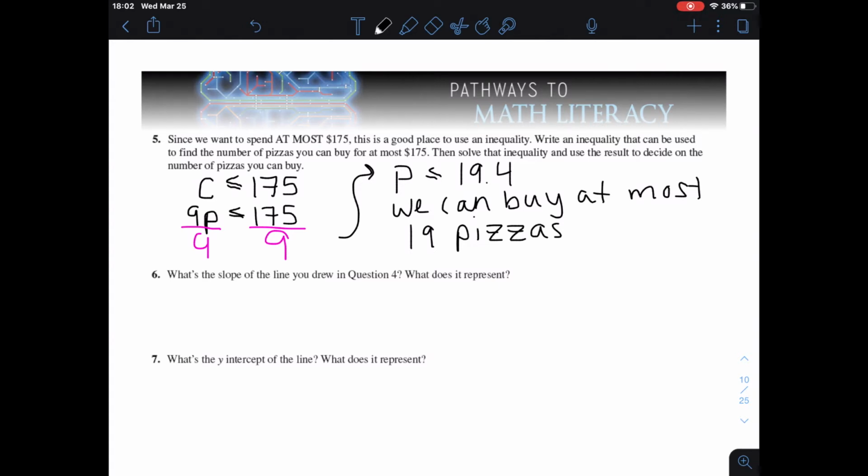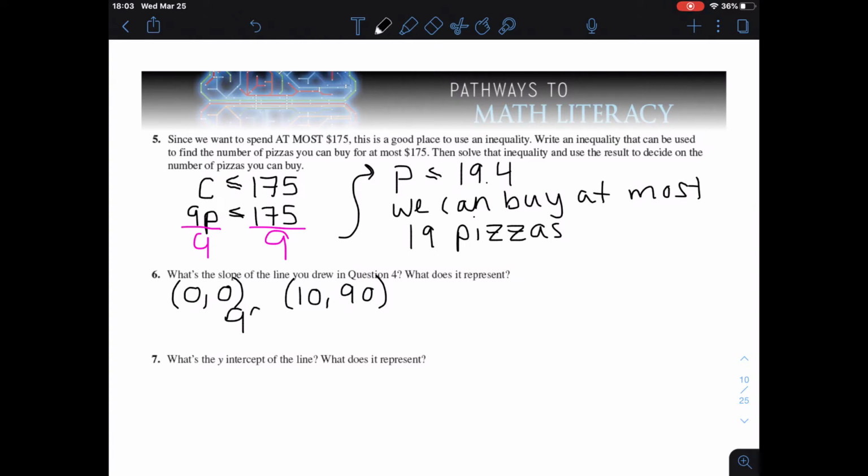Okay? So now let's go ahead and find the slope of the line that we drew previously. You can pick any points you want. Let's use when you buy no pizzas, it costs no dollars. When you buy 10 pizzas, it costs $90. So getting back to our slope, you look at the difference in y's.